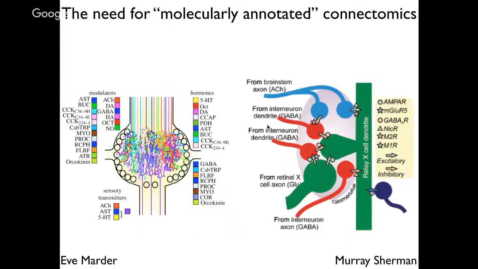On the right is a diagram from a region of the thalamus called the lateral geniculate nucleus that relays information from the retina into the visual cortex. What you're seeing is the incoming synapses onto one of these thalamic relay cell dendrites.